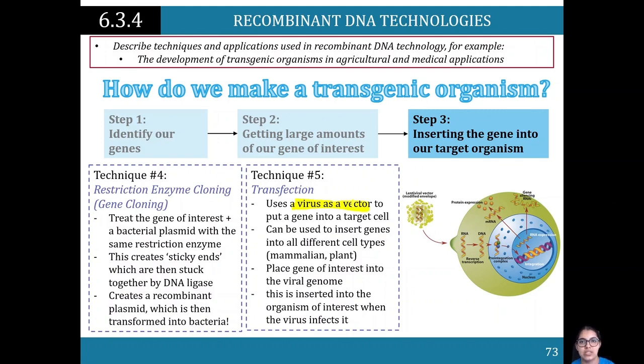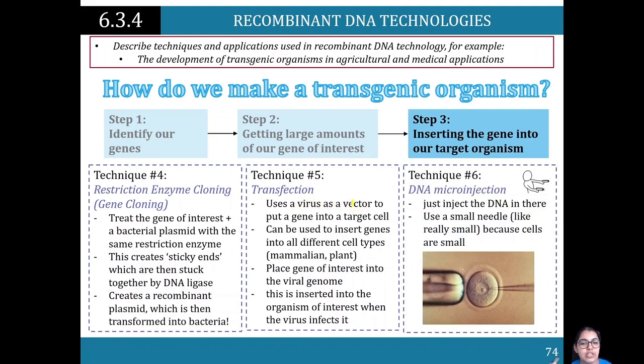It's going to basically force the target cell to make the proteins of that specific gene that we wanted, because that's what viruses do. But this time, instead of having the viral proteins in there, we're going to have the genes that we want. And finally, microinjection. We use a very fine needle, because the cells are small, and we just inject the DNA.